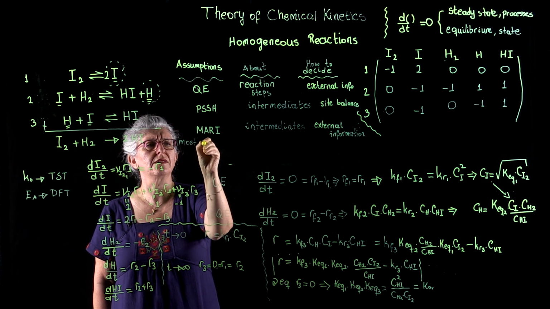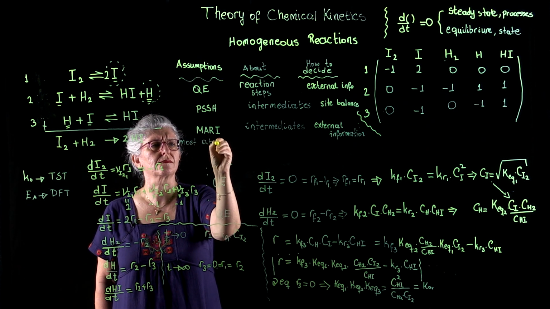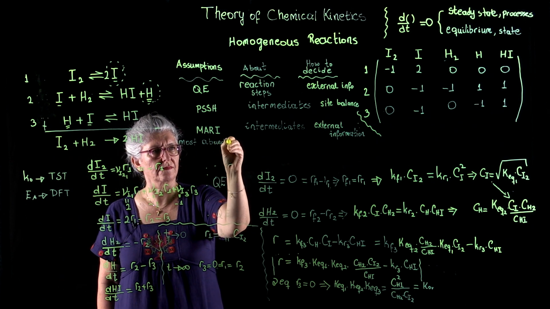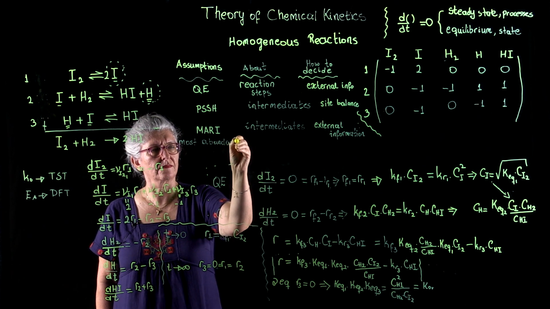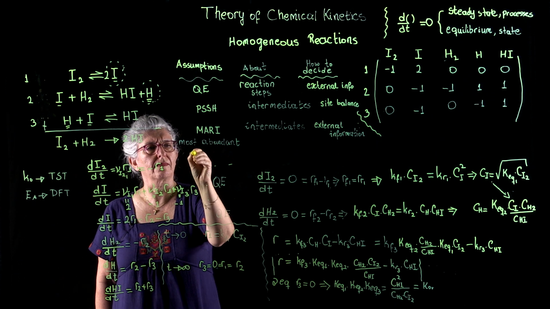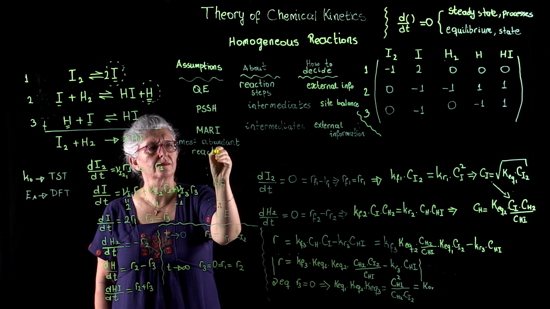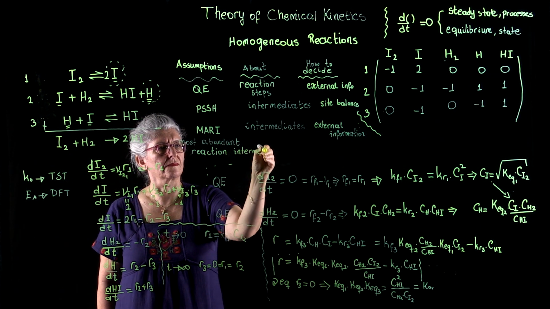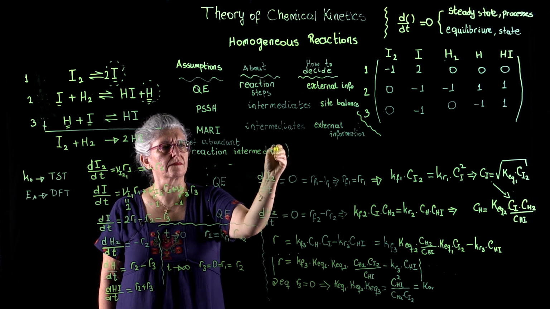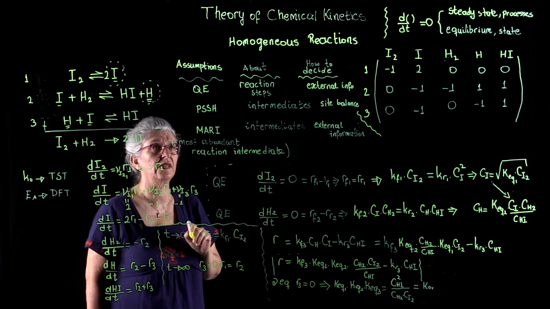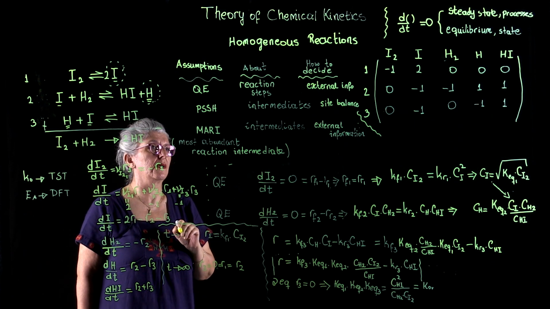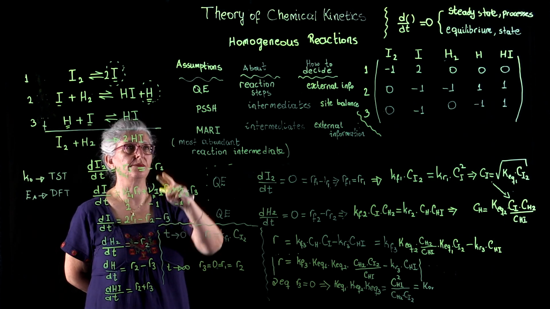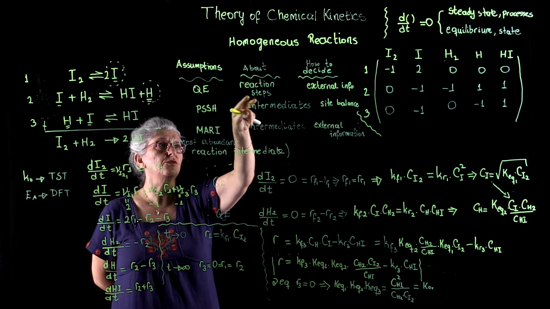Most abundant, it's short for the most abundant reaction intermediate. So, one more time, quasi-equilibrium is about reaction steps.